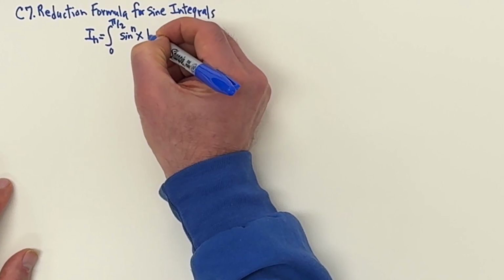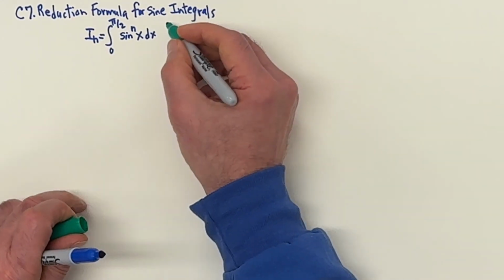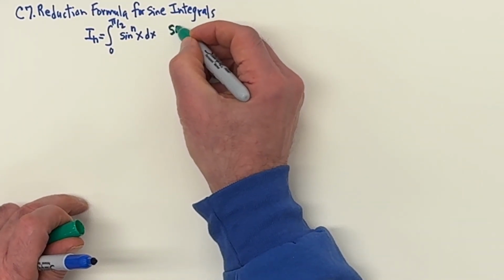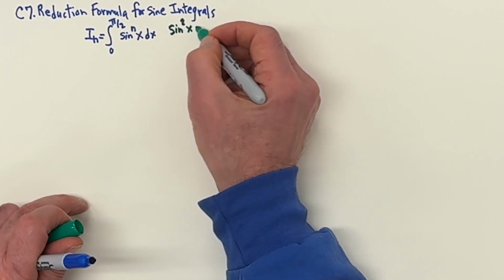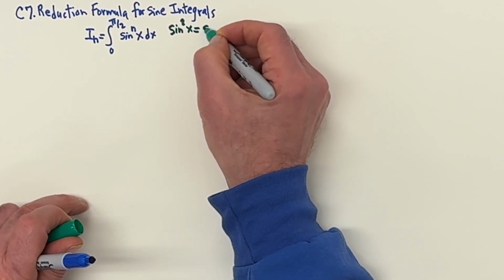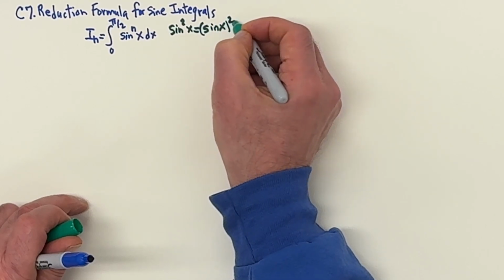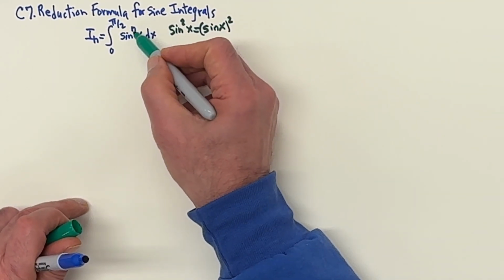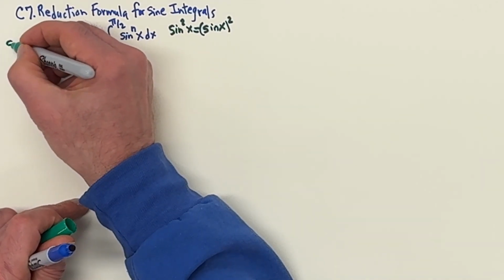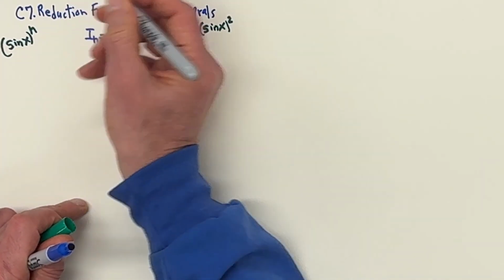Now, we should be careful here with the notation. When you deal with a sine function, or a cosine for that matter, and you see a superscript like this, that superscript is a power. In other words, you're taking sine of x and squaring it. So when you have sine with the n there, you're really talking about the sine of x to the nth power.